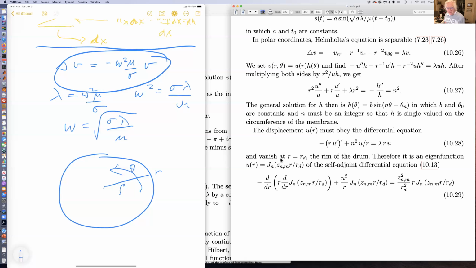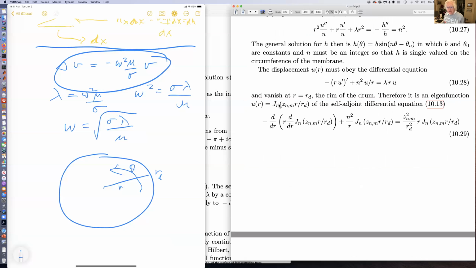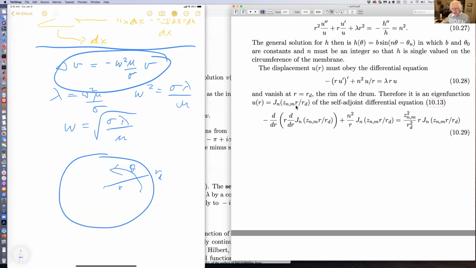And the solutions have to vanish when R is equal to R_D. Oh, I thought it was rho. No, it is R. So this is R_D, and this is R. And so we've got then the self-adjoint Bessel equation, and the eigenfunction then is J_n of z_nm R over R_D, because when R is equal to R_D, we get J_n of z_nm, and J_n of z_nm vanishes.